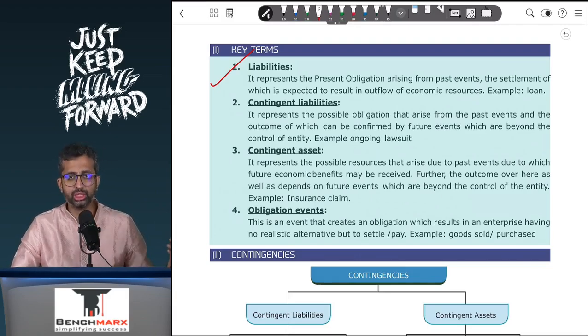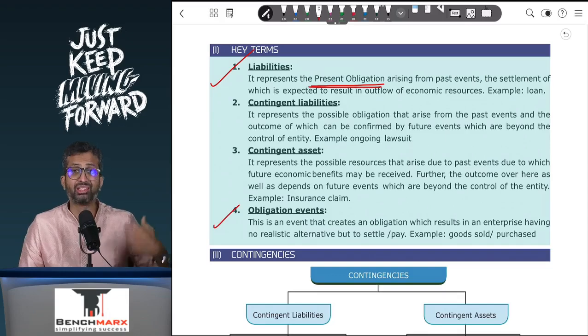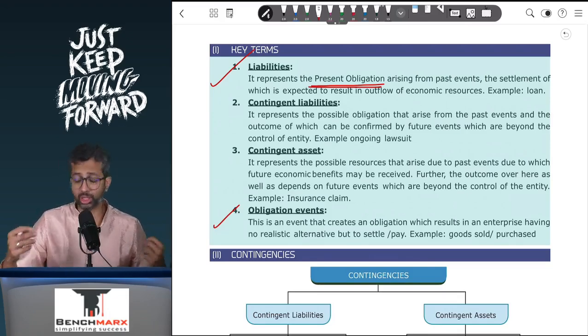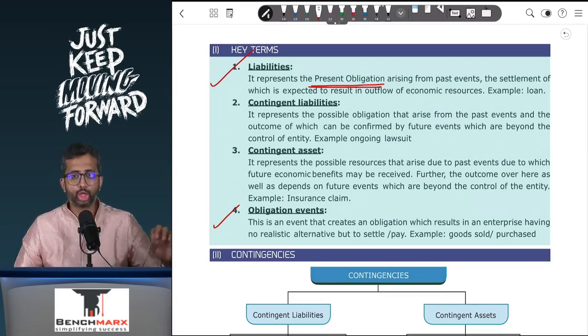Now, usually a liability has a present obligation. That means the existence of an obligation. The presence of an obligation comes out of an obligating event. An obligating event is an event which gives rise to the obligation. That obligating event can be taking a loan, can be doing a credit purchase, can be, in case of warranty, when you sell goods where you agree to repair them free of cost within, let us say, a specified period.